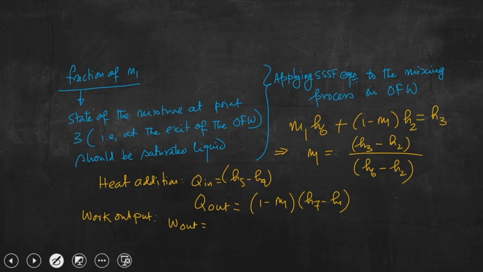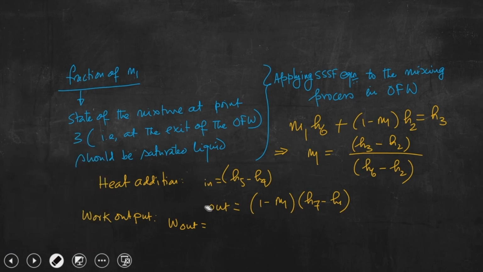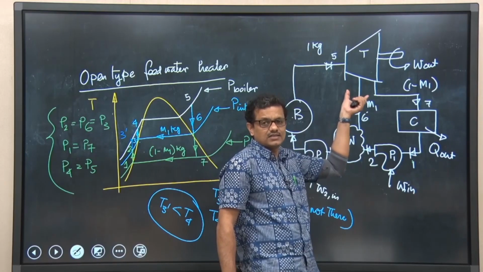Since I am writing per kg, it is better to write in the specific form. So, W out: M1 kg of steam is extracted in between, after some amount of steam has expanded.